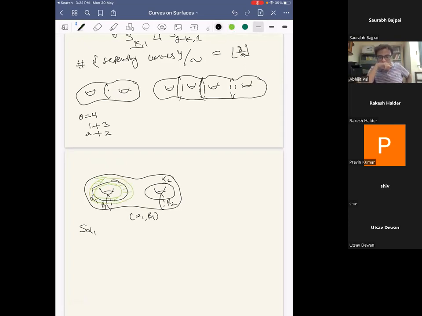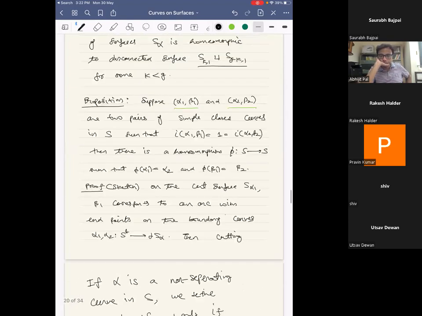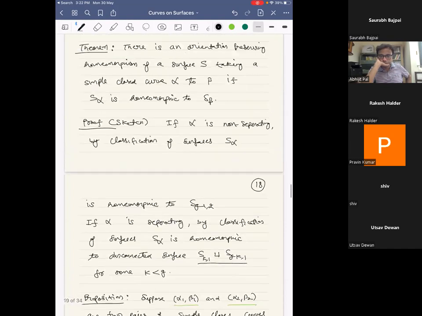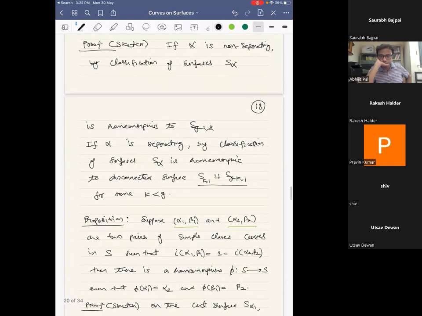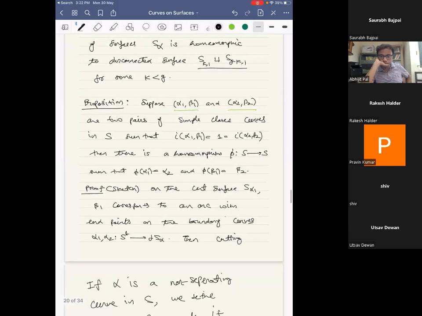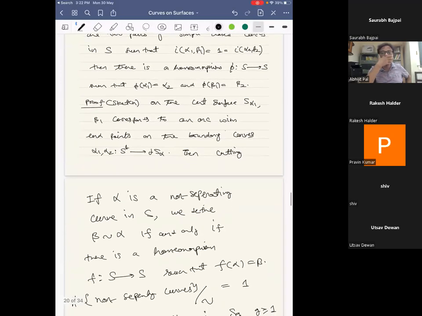So your beta 1 will correspond to an arc here. This is the first observation, with endpoints on the boundary curves. Of course, in the cut surface along alpha you have two boundary curves, alpha 1 and alpha 2.